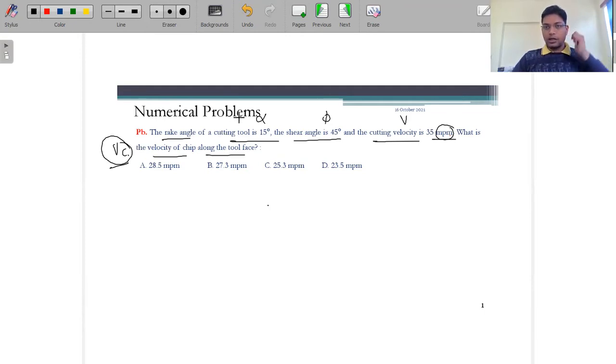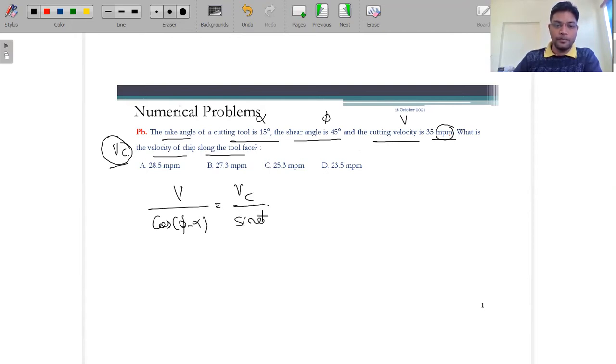Now we know the relationship that we saw last time, that is V upon cos(phi minus alpha) equals Vc upon sin phi equals Vs upon cos alpha. Please let me know if I am wrong. Here phi, the shear angle, is given, alpha the rake angle is given, and V, the cutting velocity, is given.